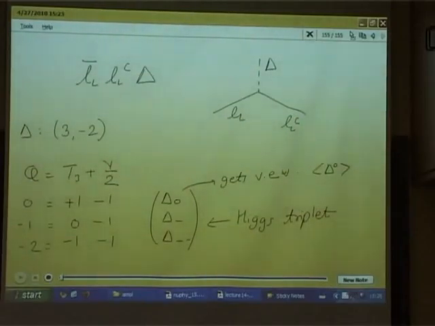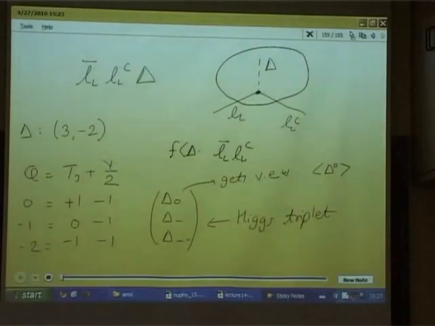So now what happens? This means that if I want to write down this effective term, this is now looking exactly like LL bar LLC. And we have a coefficient here. The coefficient is going to be equal to this coupling, which I call F, and wave of delta.